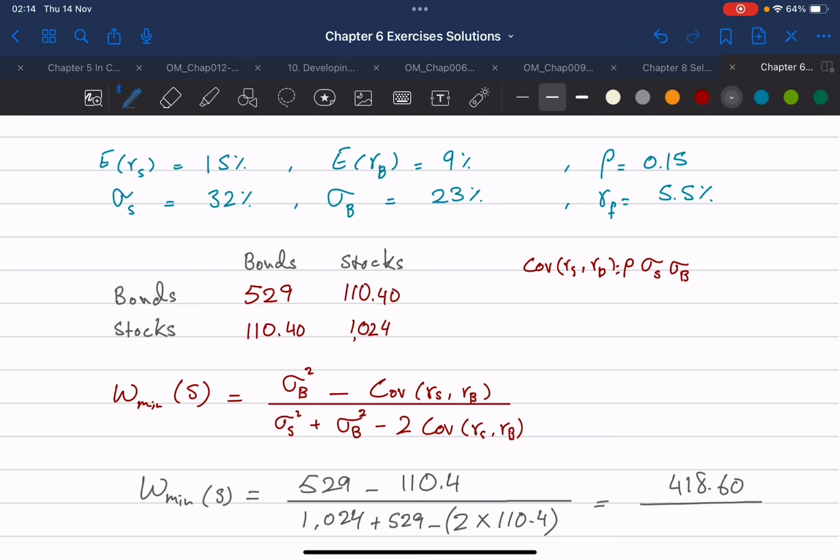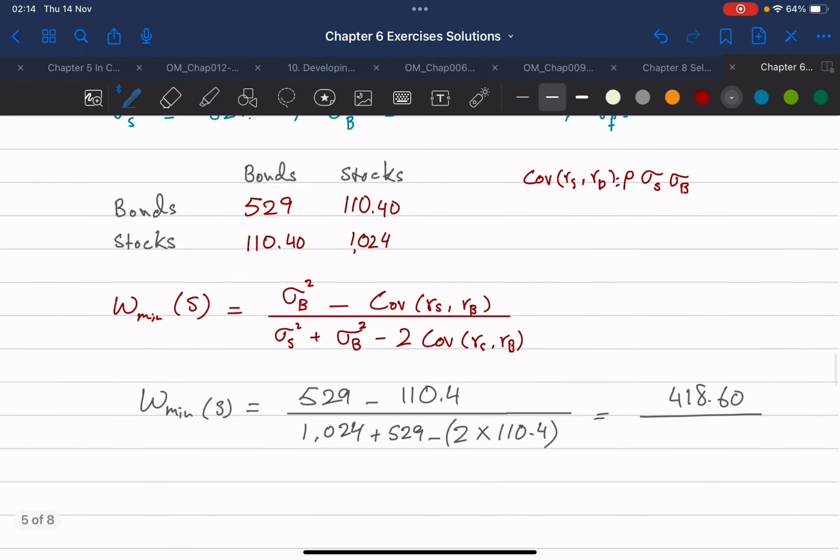And then the denominator, 1024 plus 529 minus, open a bracket, 2 by 110.4, close the bracket, and we get 1332.20.